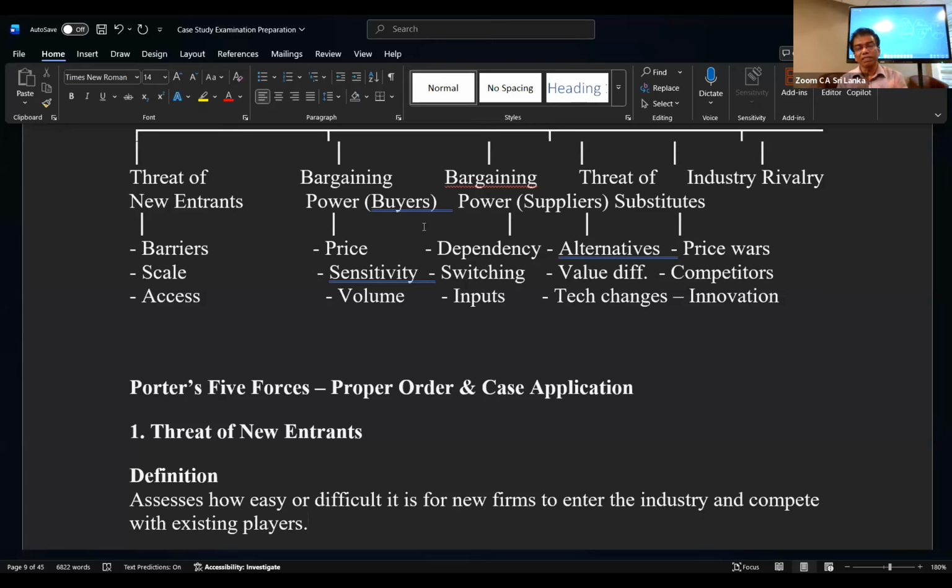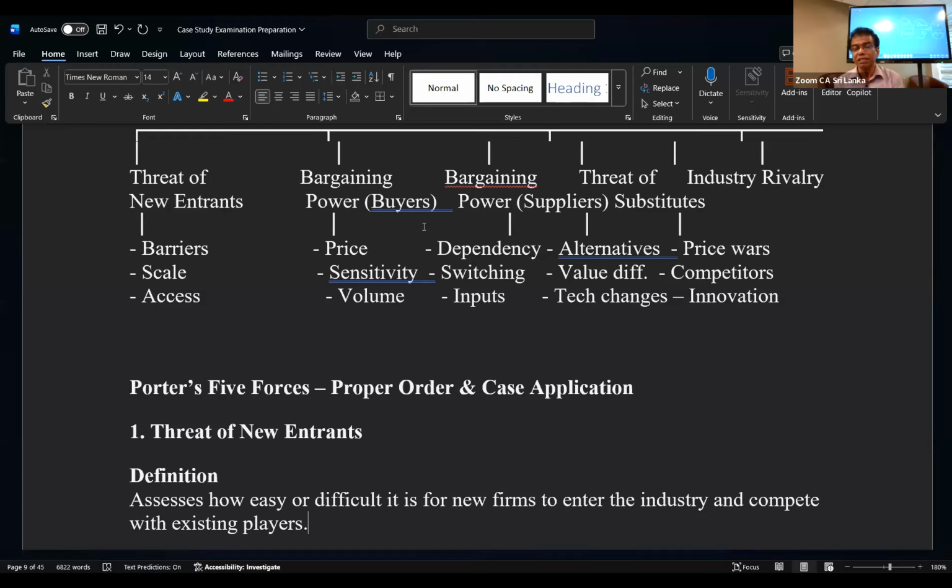Bargaining power of suppliers is the same. It depends on whether there are only a few suppliers in the market when electric vehicles are brought in.